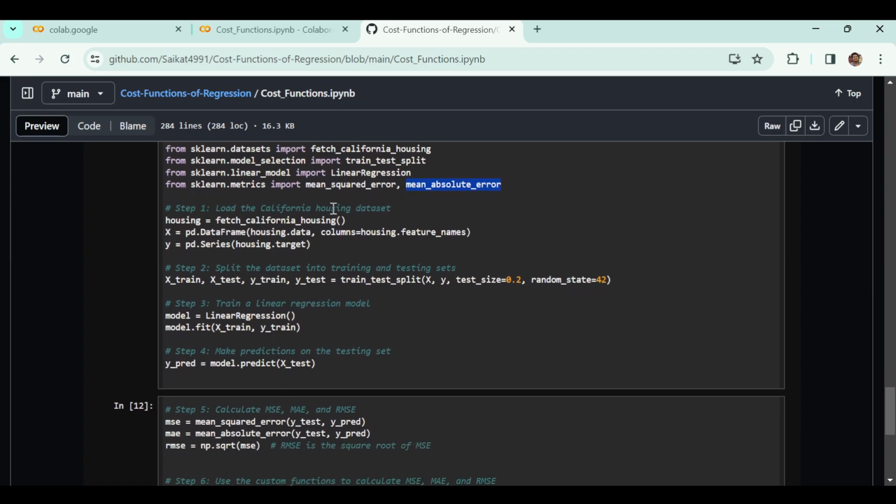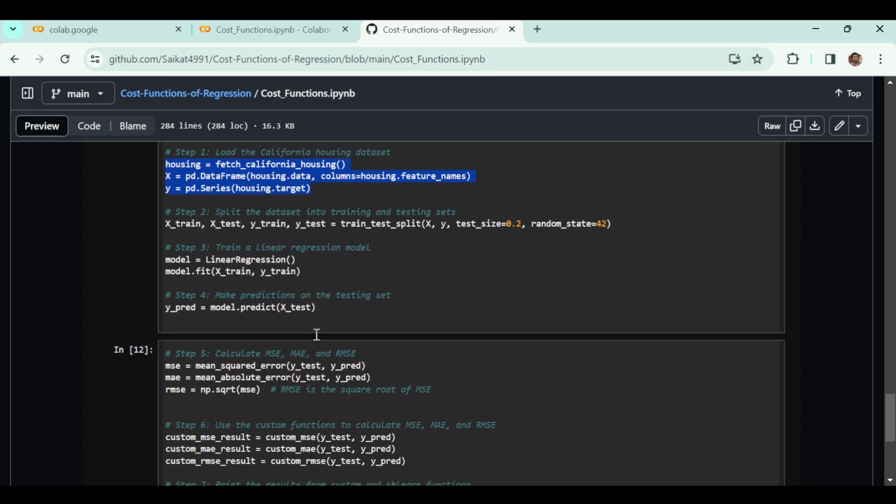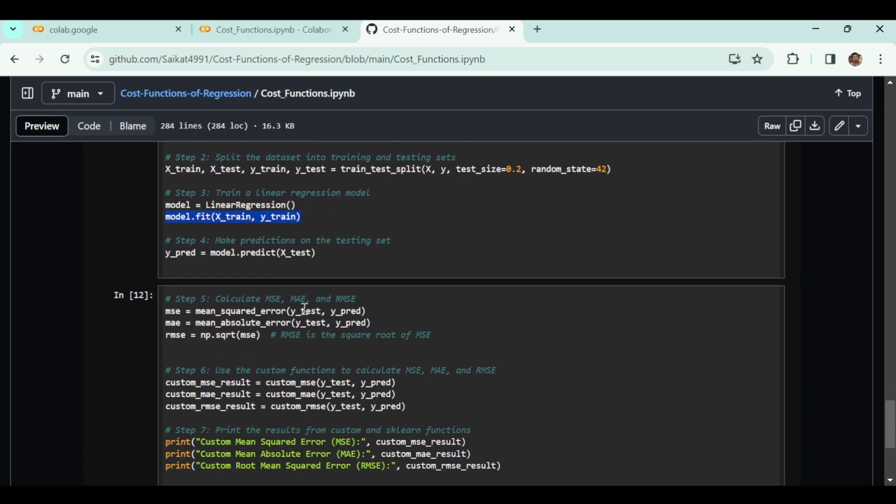So this is step one: load the California dataset. We load all the California data. We make the independent variable and dependent variable as X and y. After that, we split this dataset into train and test. This is the general procedure for training a model. Now we define our model, a linear regression model, and fit it on our training data. After fitting on the training data, we make the prediction, which is y prediction.